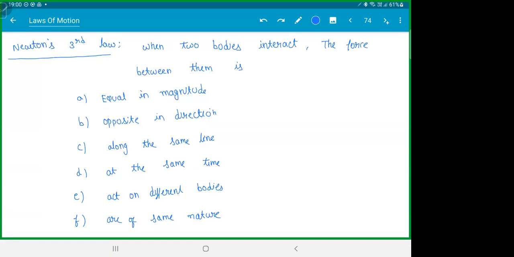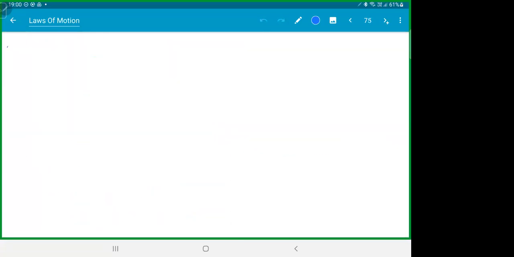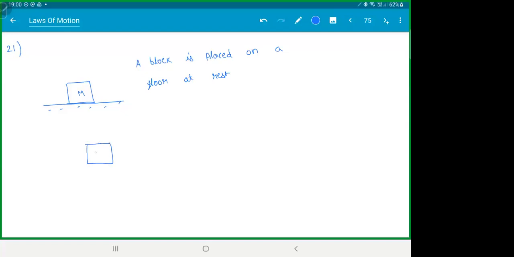Clear? Let's see a question. Let's say we keep a block on the ground. Block is placed on a floor. If I try to draw the forces on this body, M, first is mg, your weight.